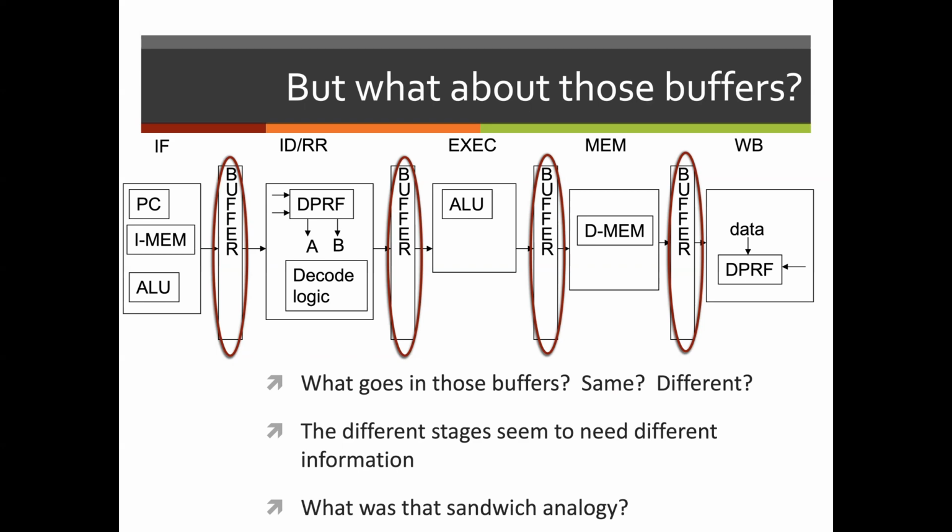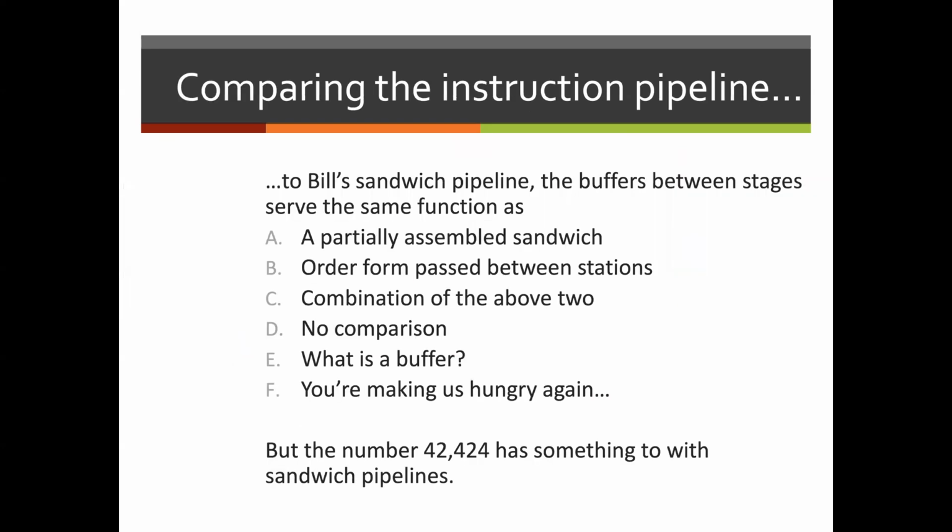And so let's consider going back to our sandwich analogy. So let's compare the instruction pipeline. So for our analysis for Bill's sandwich pipeline, what do the buffers between stages serve the same function as?